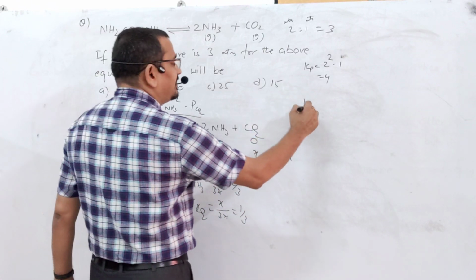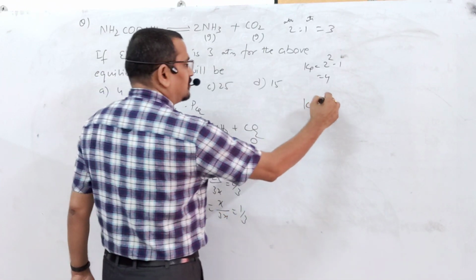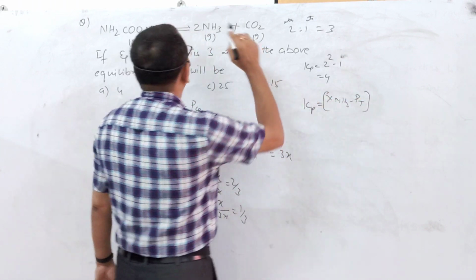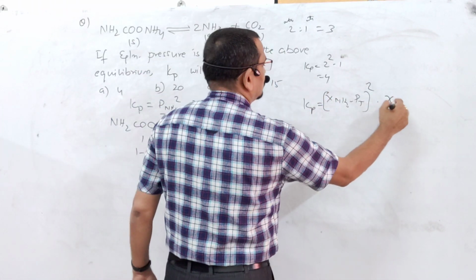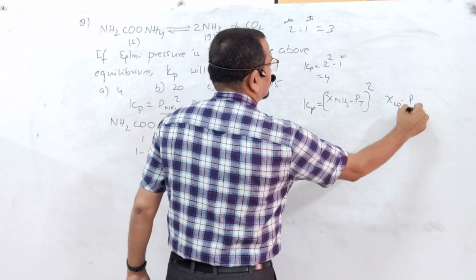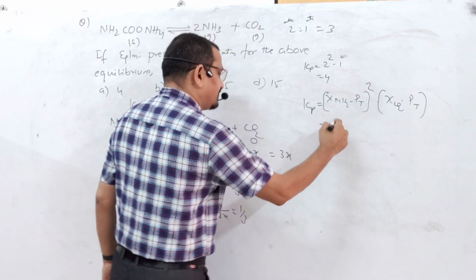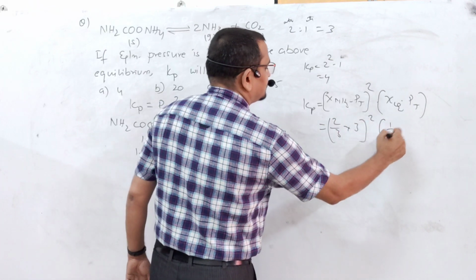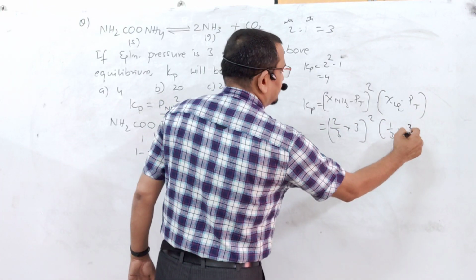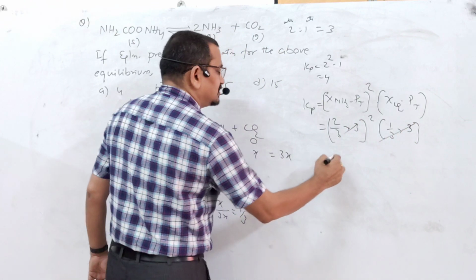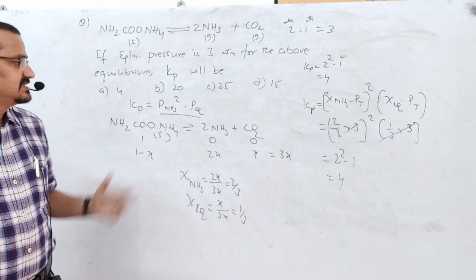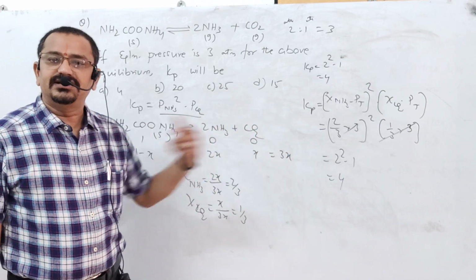Now Kp equals mole fraction of ammonia into total pressure whole square into mole fraction of CO2 into total pressure. Now what is mole fraction of ammonia? It is 2 by 3 into 3 square, into 1 by 3 into 3. 3s are cancelled, so it is 2 square into 1, it is 4. So this is the systematic procedure. See, it took more than 2 minutes.